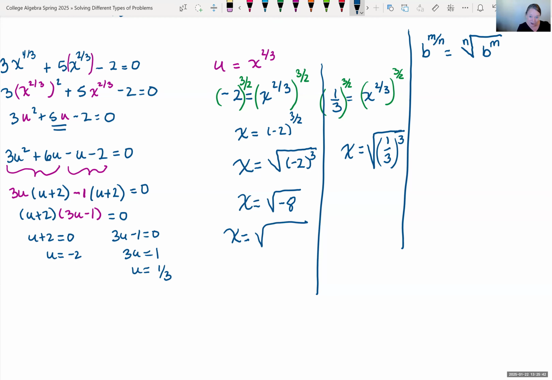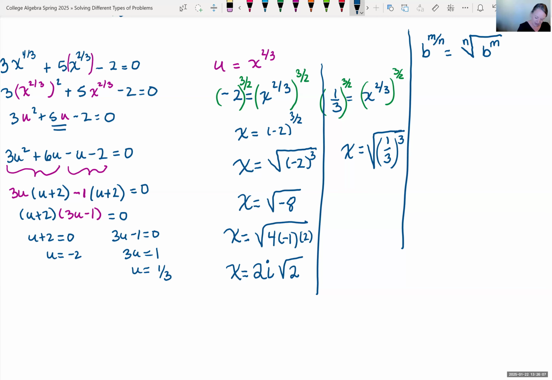I know there's a factor of 8 that's a perfect square, which is 4. Let's just write it like this, times -1 times 2. So this is the same thing as taking the square root of 4, which I can pull out of the radical, which is 2, square root of -1, which is the imaginary number i, all times √2.